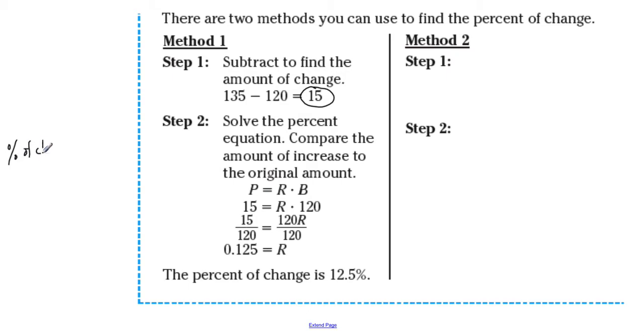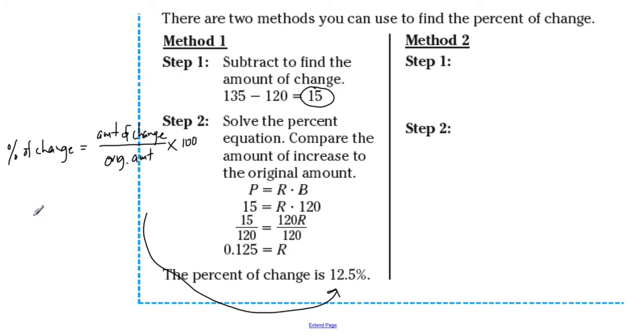Percent of change is equal to amount of change all over original amount, just like what I mentioned up there. And then all you need to do is multiply it by 100.